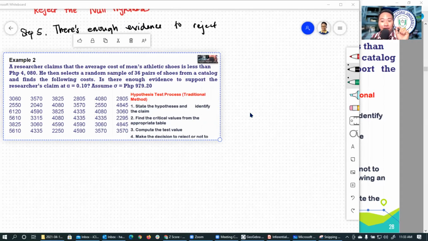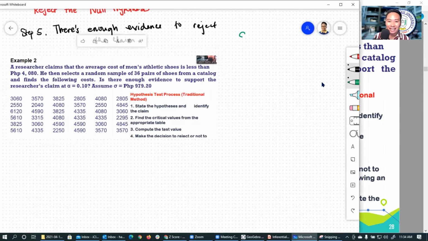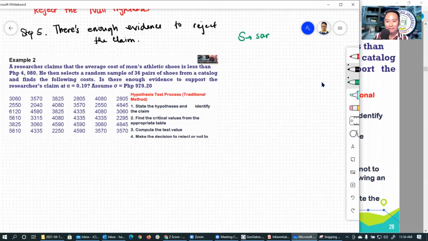Very good, it's coming from the sample. So what is the symbol for the sample standard deviation? Do you remember? The symbol is just S. Sample standard deviation.